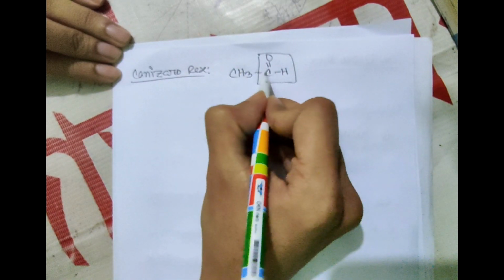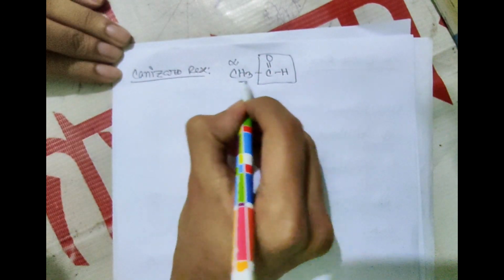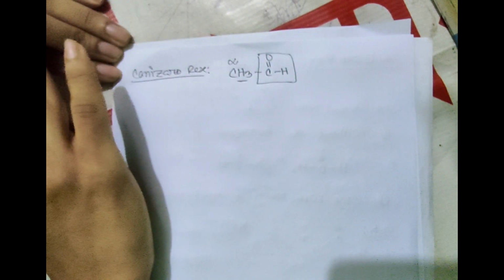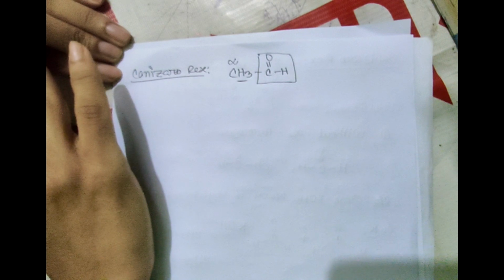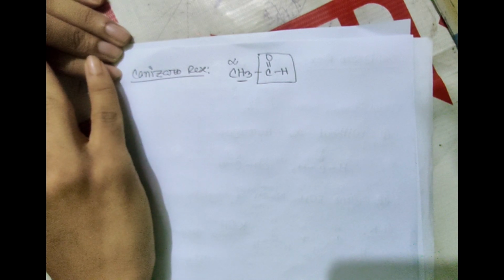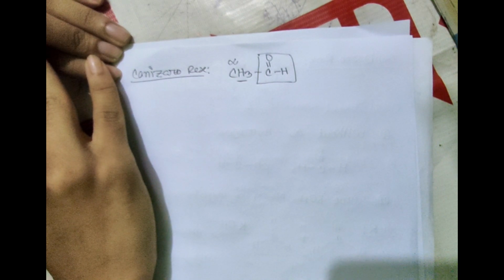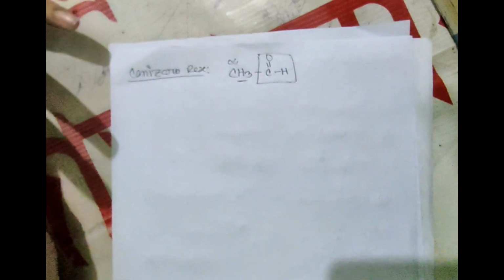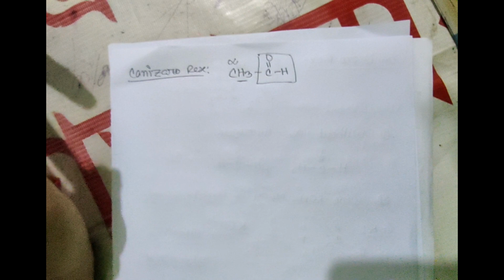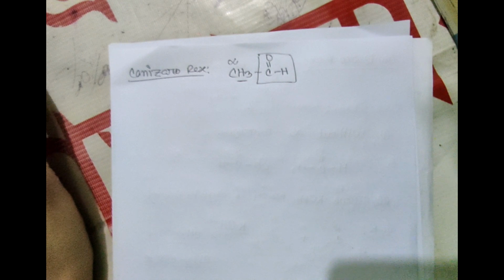This carbon we call the alpha carbon, and the hydrogen attached to the alpha carbon is called alpha hydrogen. The Cannizzaro reaction says we have to take a carbonyl compound which doesn't have any alpha hydrogen. So we will take a compound where the alpha hydrogen is absent.